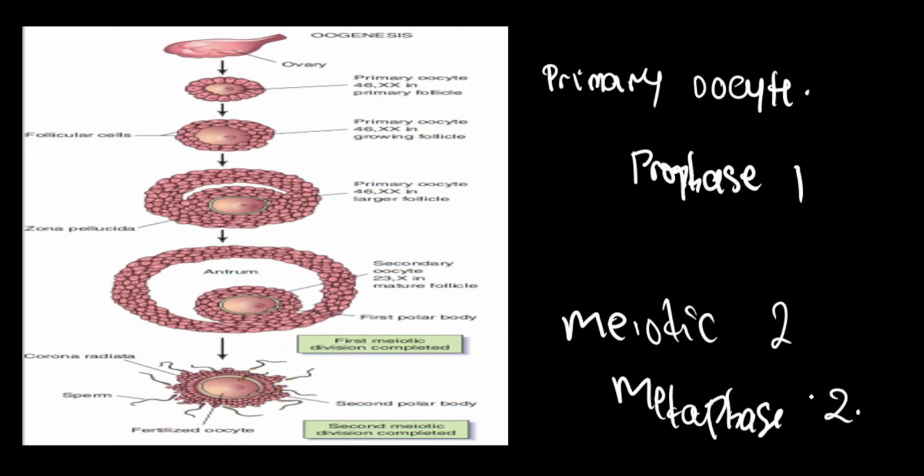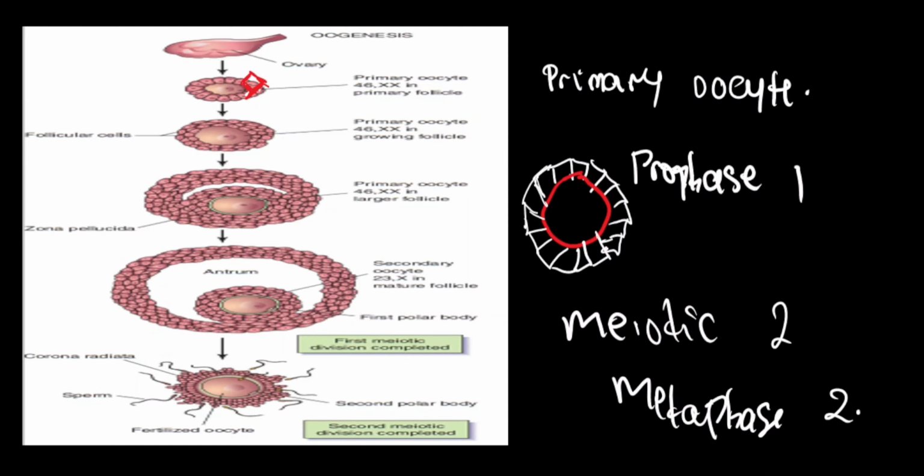We can see them in this picture as the cuboidal cells around the primary oocyte, looking something like this, just round around the oocyte. These cuboidal cells are the follicular cells.